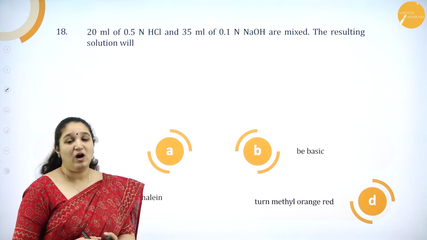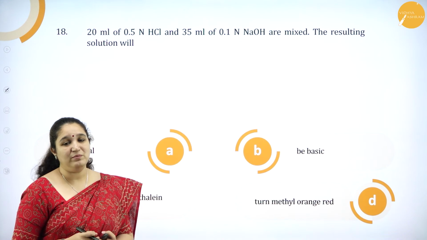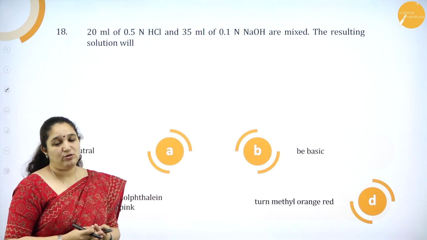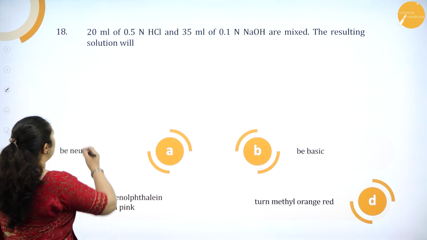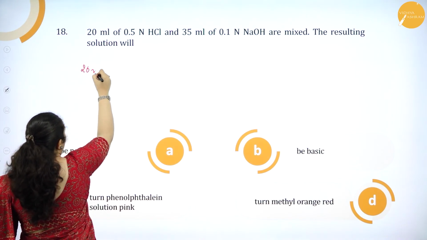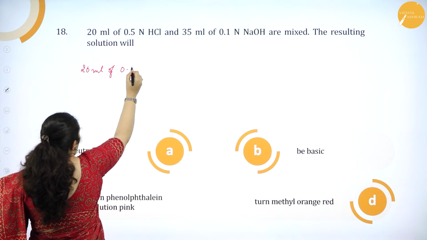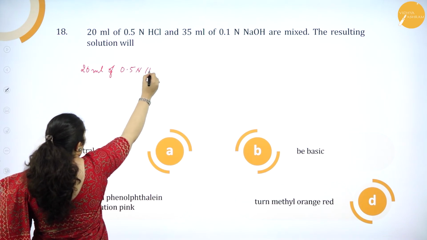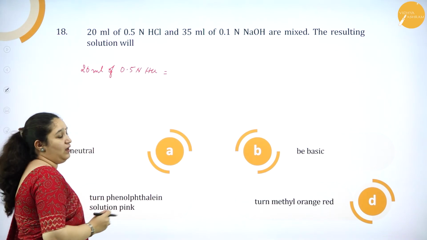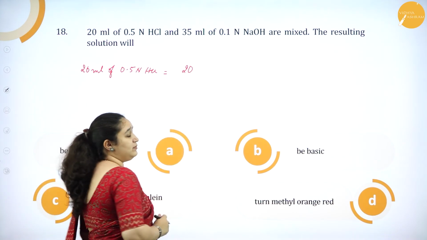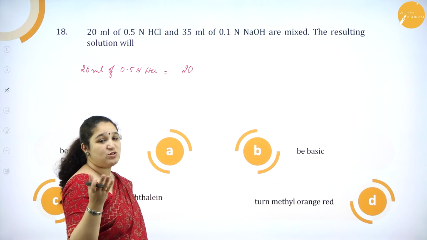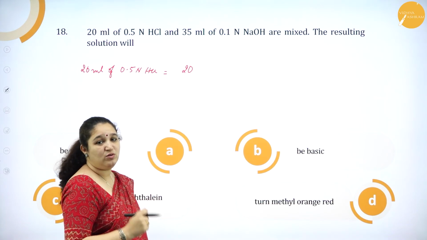Okay. So how do we calculate the gram equivalents? To calculate the number of gram equivalents, for example, 20 ml of 0.5 normal HCl means 20 ml is there, but 0.5 normal means 1000 ml has got 0.5 gram equivalents.